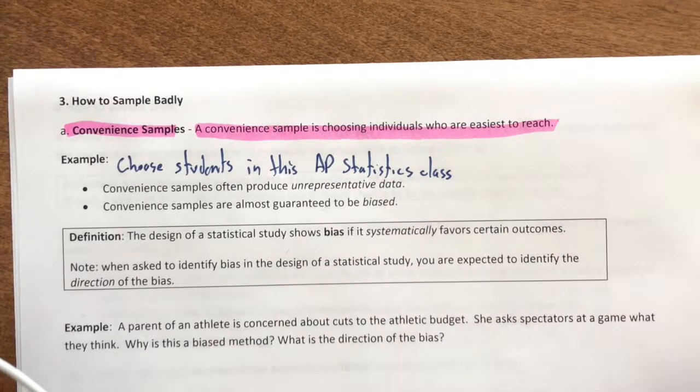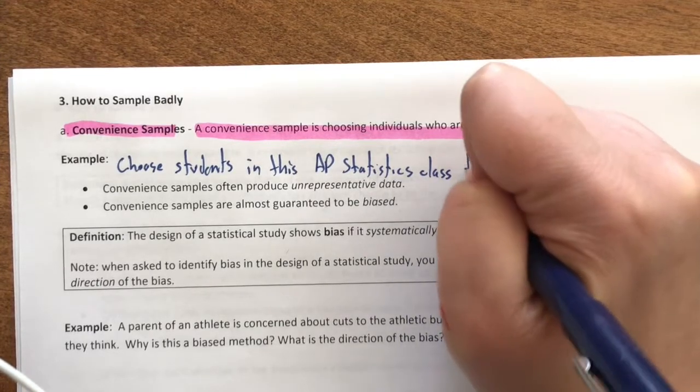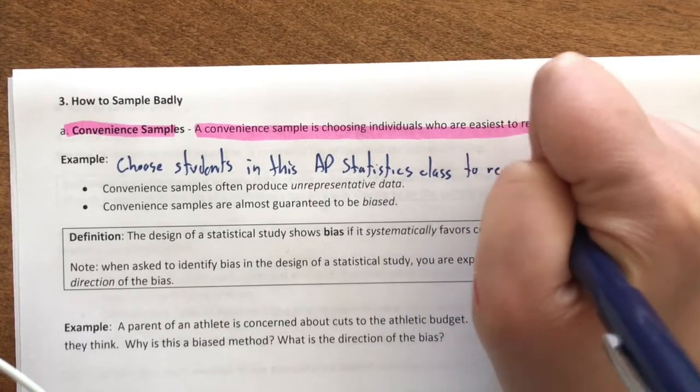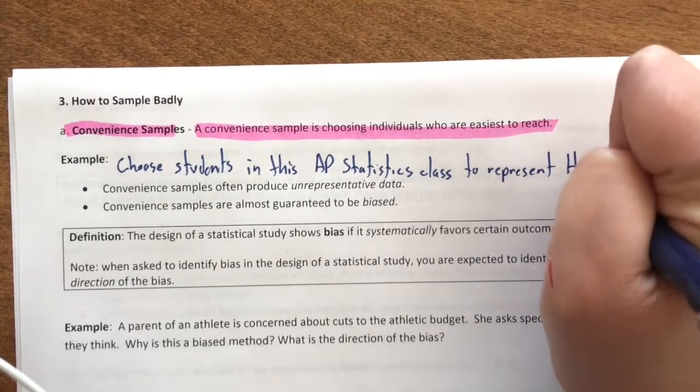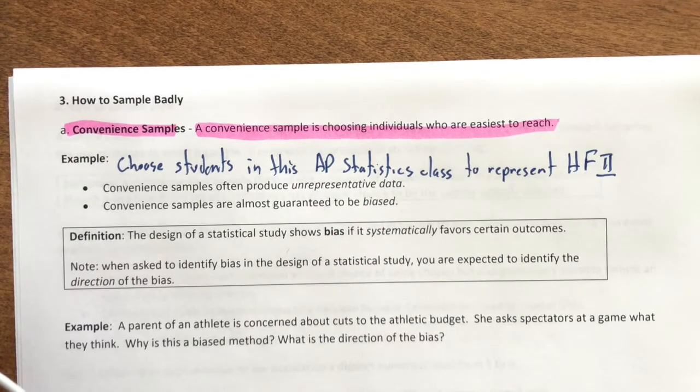So I would use this class to represent the students at the school. Now, if I was to just choose the students in this class to represent all the students at the high school, would this be a good representation of Ford High School?